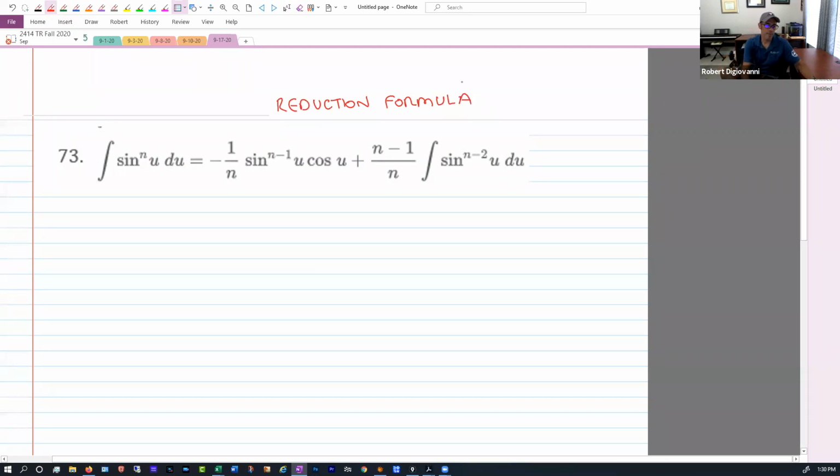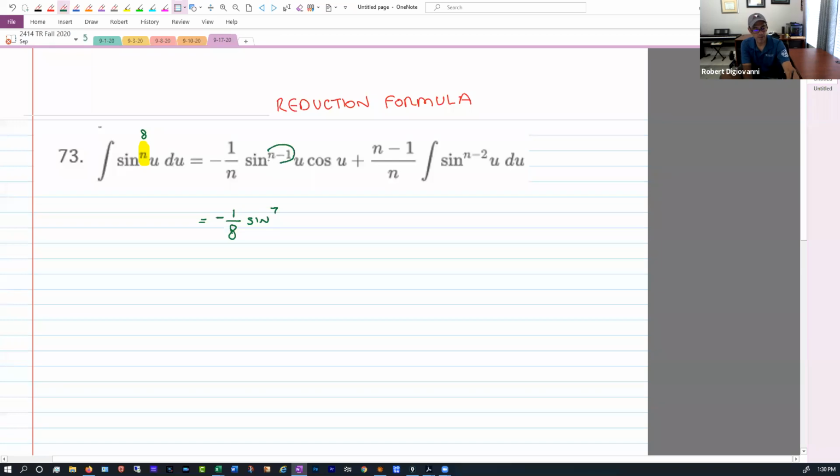The reason it's called a reduction formula is that it says, if you have an integral where you have sine raised to the n, maybe it's sine to the 3rd power, sine to the 5th power, sine to the 100th power, and you want to find the antiderivative, you just follow this formula. Let's pick an arbitrary value, let's say it was 8. Then the answer would be -1/8 sine of 7, because I'm subtracting 1 from n.